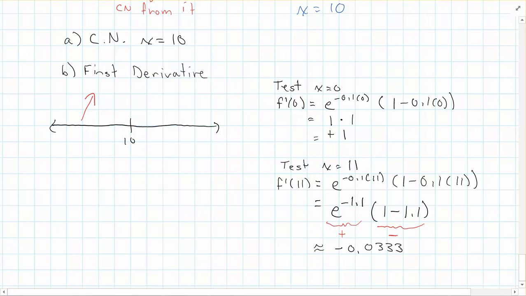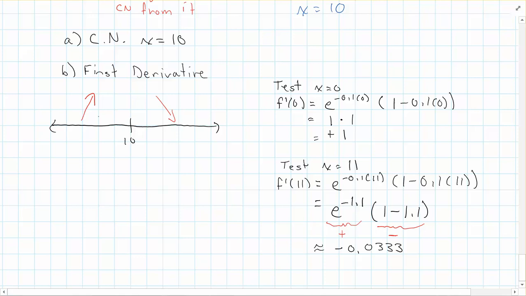Which of course is a negative, which is what we said it was going to be, which means I'm going down. So now we know what x equals 10 corresponds to. We've just applied the first derivative test because we've looked at something to the left of 10, something to the right of 10, determined that I'm going up, and then I'm going down.